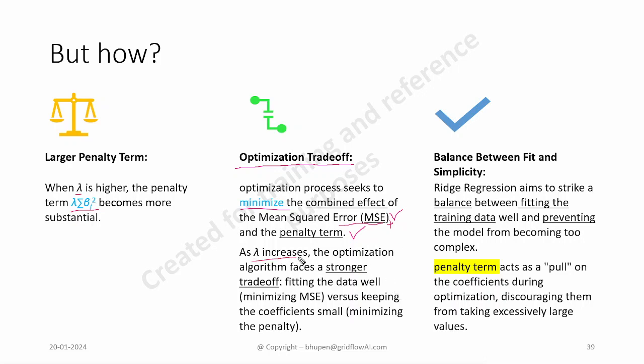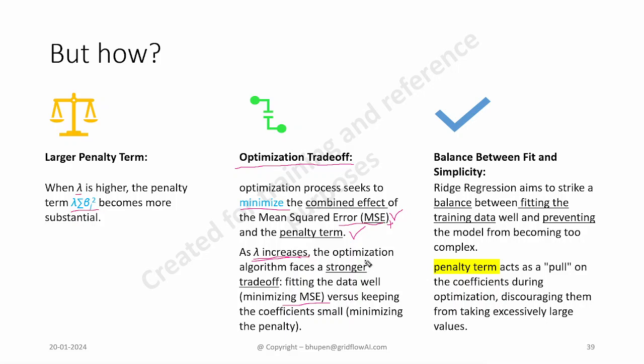And as the lambda increases, what happens with the large value of lambda? The optimization algorithm will have a high penalty, and your usual mean square error will remain the same.